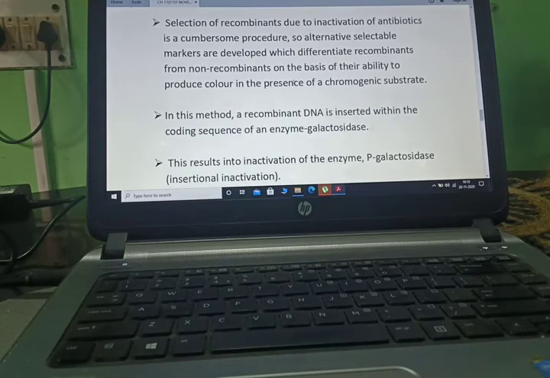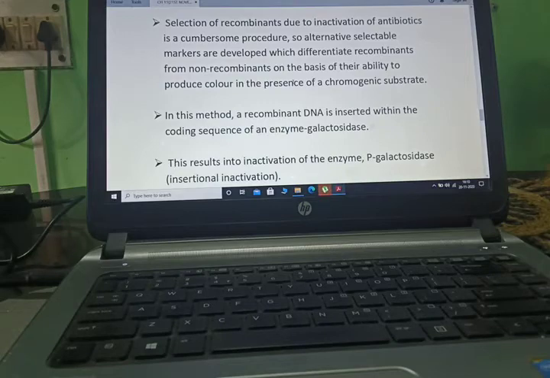Selection of recombinants due to inactivation of antibiotics is a cumbersome procedure, so alternative selectable markers were developed which differentiate recombinants from non-recombinants on the basis of their ability to produce color in the presence of a chromogenic substrate.